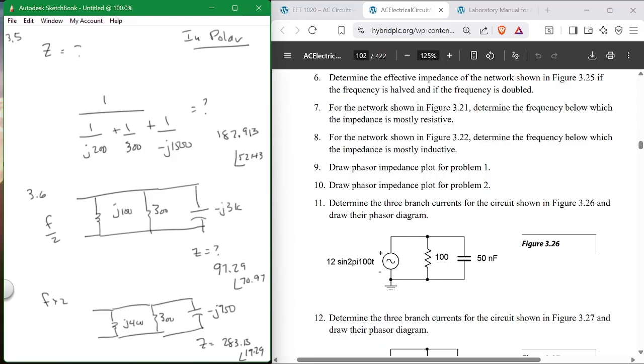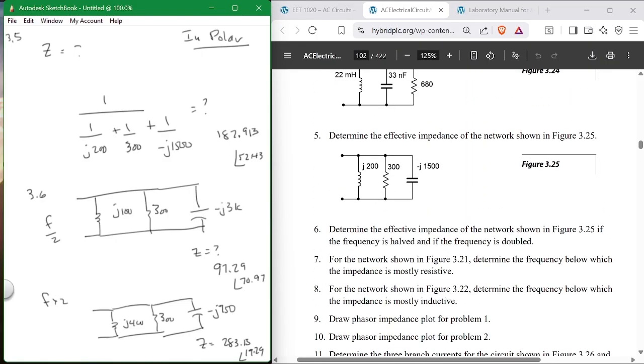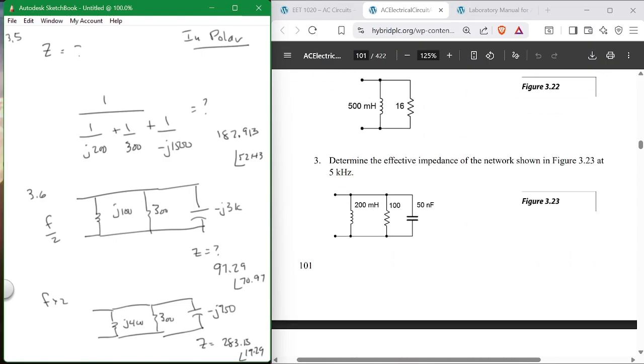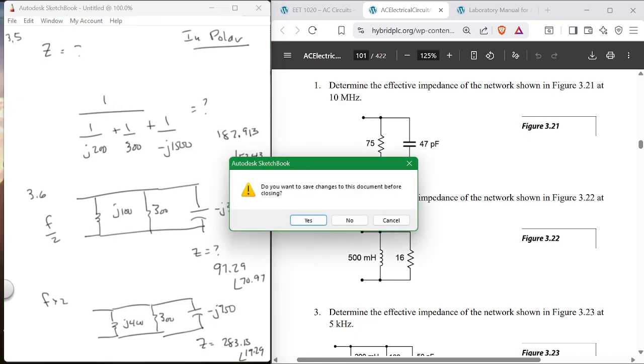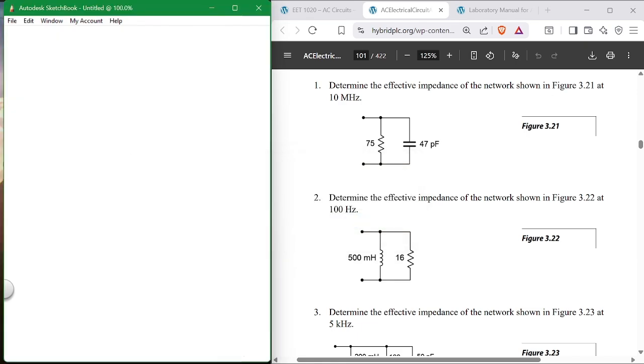Number 7. You've got a question for, again, I don't typically ask this kind of question, but this is number 7, 3.7. Go back to the circuit right here. 75, and you've got a 47 picofarads, okay?